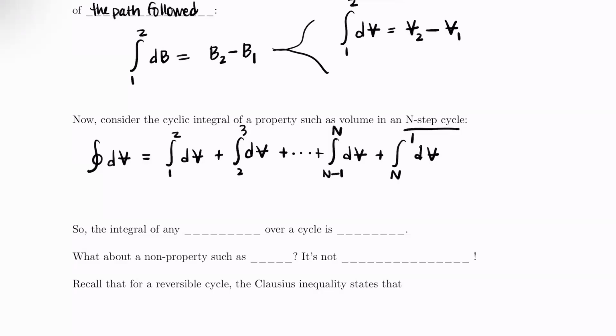So this is equal to the integral from 1 to 1 of dV, which is just V1 minus V1, which is 0. We're basically just saying you have to get back to where you started from, and so your overall change in that thing has to be nothing. So the integral of any property over a cycle is always equal to 0.